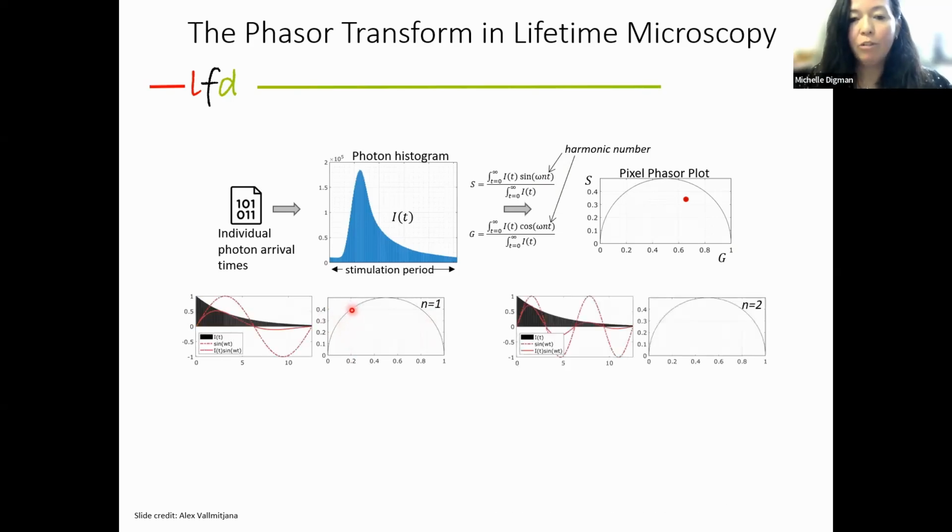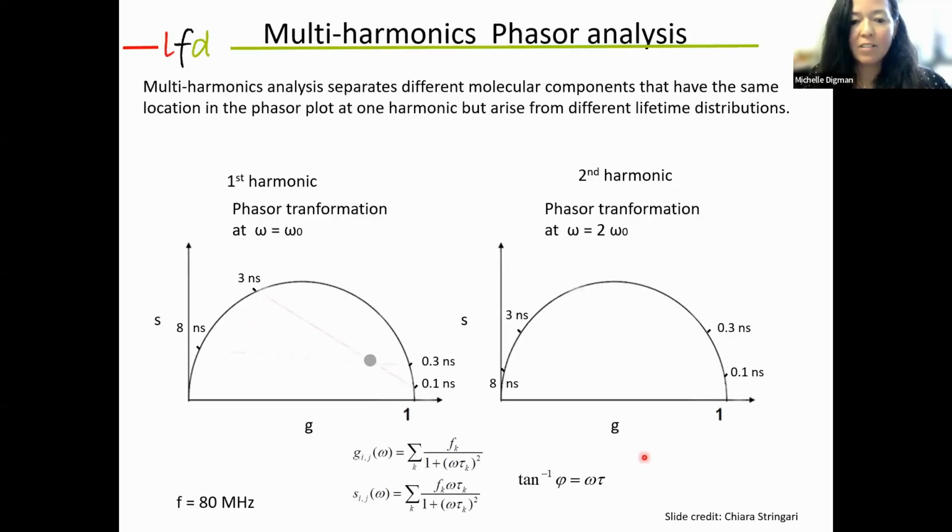And now if we double that, so if we make n equal to 2, that would be the second harmonic. And this is just mathematical transformation. It has nothing to do with SHG or second harmonic generation. This is just multiplication factor here, where we double the frequency. And by doing that, you'll notice that the point now is a little bit shifted towards the 0, 0 axis.